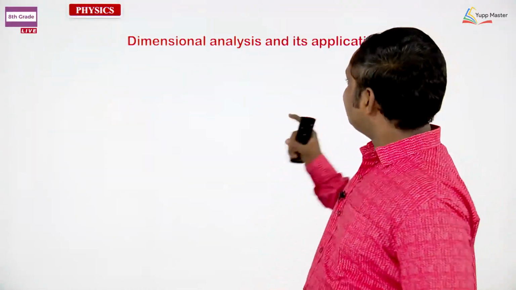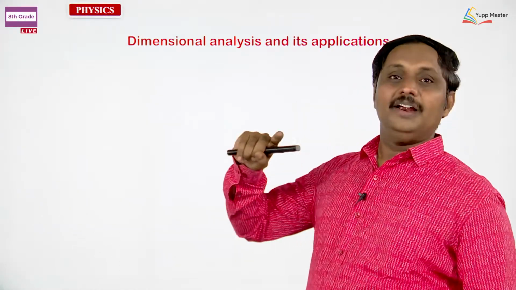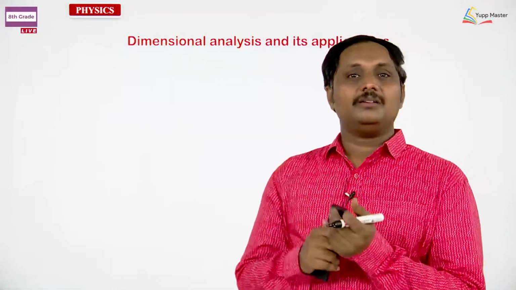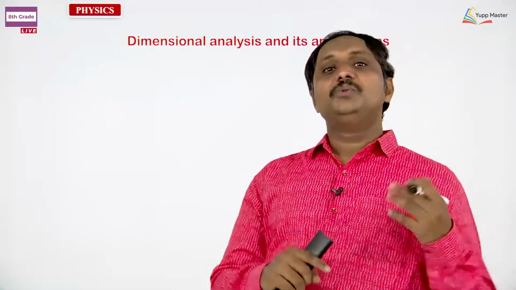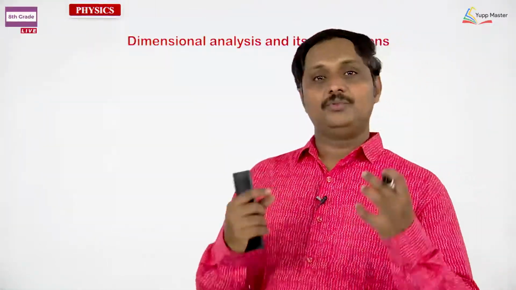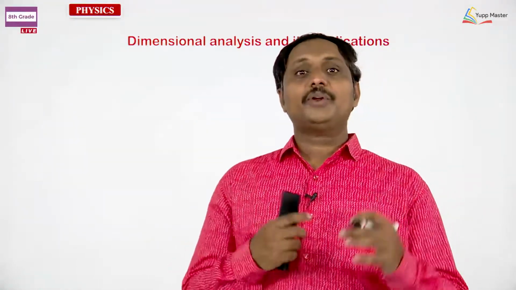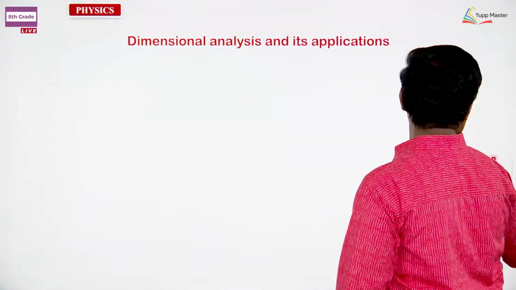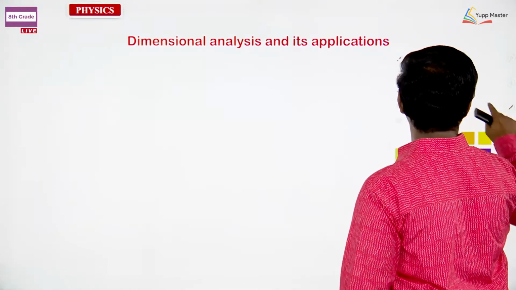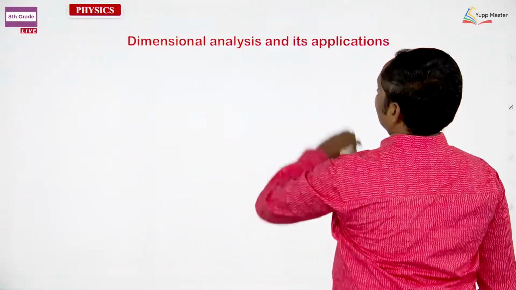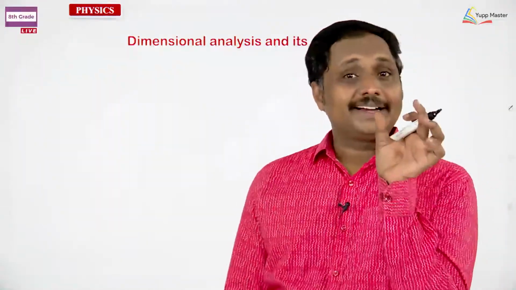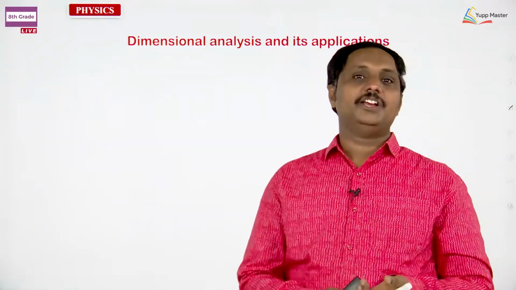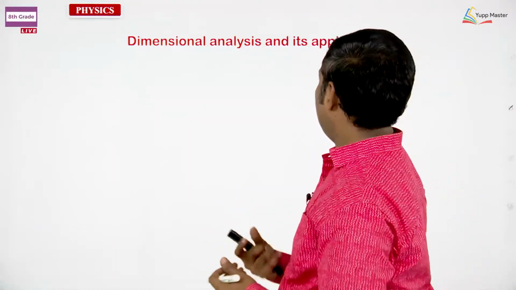Now, dimensional analysis and its application: what is the use of a dimensional equation, how can you use it to check the correctness of a derived quantity and an equation, and to frame the relation among different physical quantities? You know very well about the dimensional formula. Dimensional analysis is used to check the correctness of an equation in physics, and it can be used to frame the relation among different physical quantities. How is it possible? Let us see that.